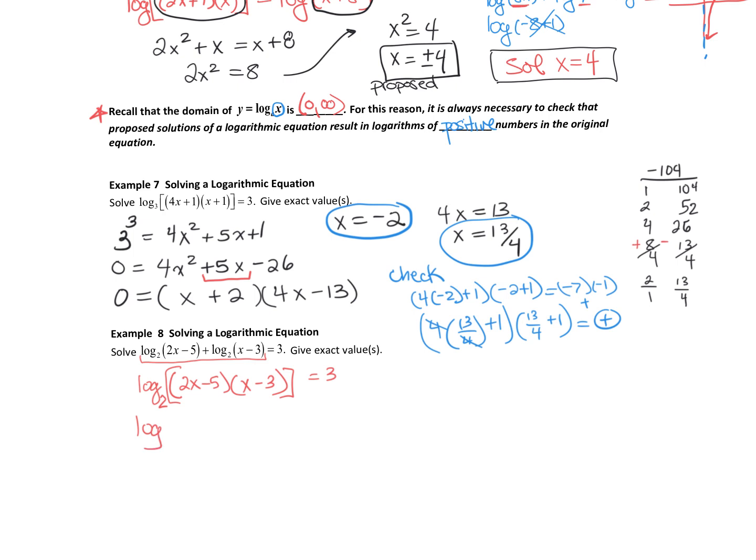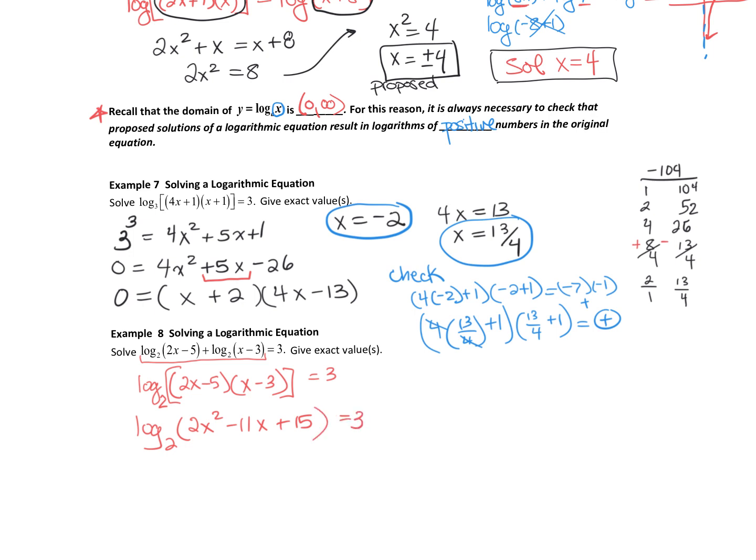So this is log base 2 of 2x squared minus 11x plus 15 equals 3.